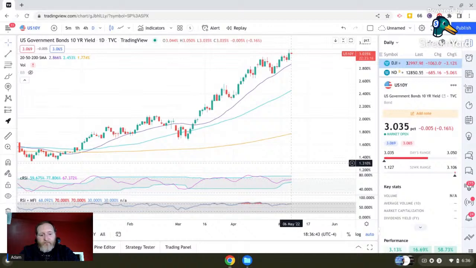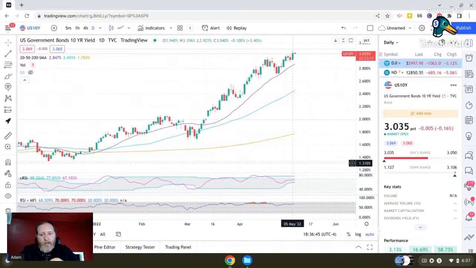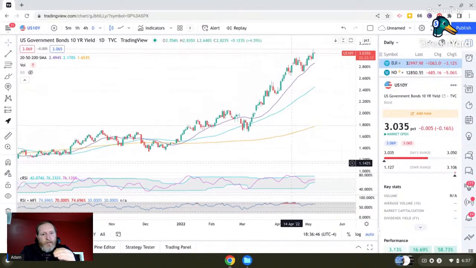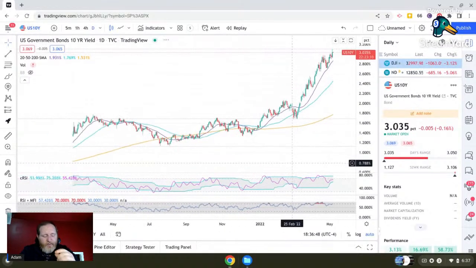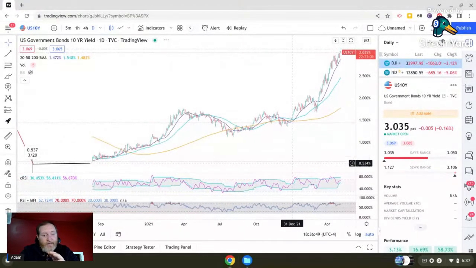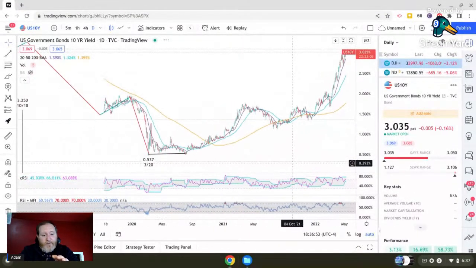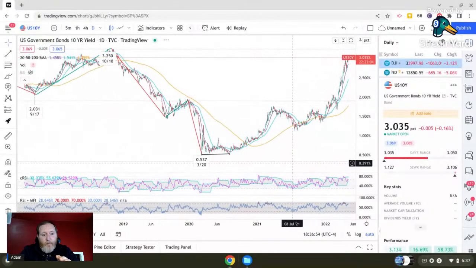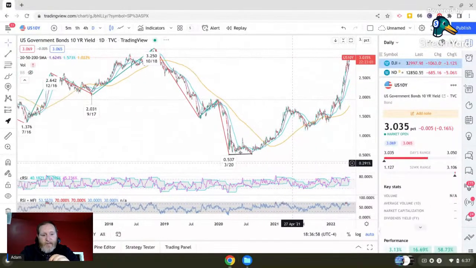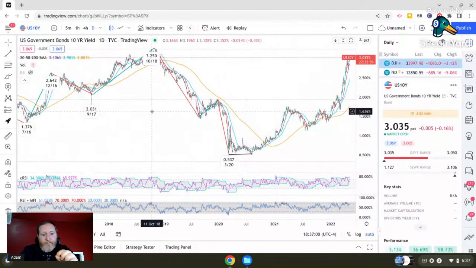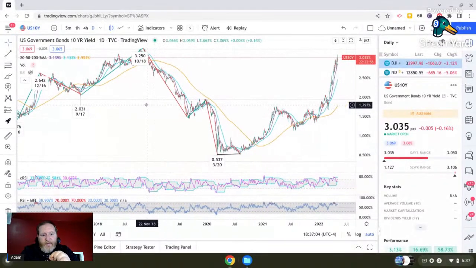And remember, we've looked at this 10-year yield before, and it rising to 3.25 isn't that far out of the picture. We only have to go back to October of 2018 to find it at 3.25%. Remember that. So it's getting awfully close to that peak in 2018. And what did the stock market do in 2018? It fell.